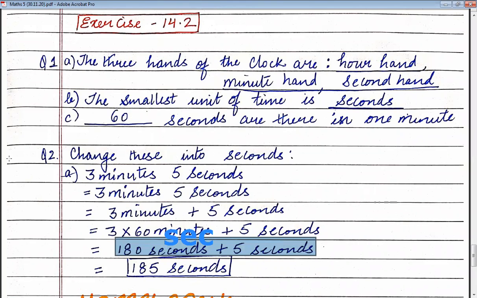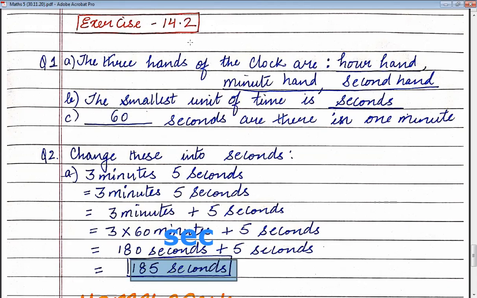So your final answer is 185 seconds. So it means 3 minutes 5 seconds is equal to 185 seconds. Now children, your conversions are really very easy. So first of all, you have to learn all the relations. Then only you can do all these conversions.